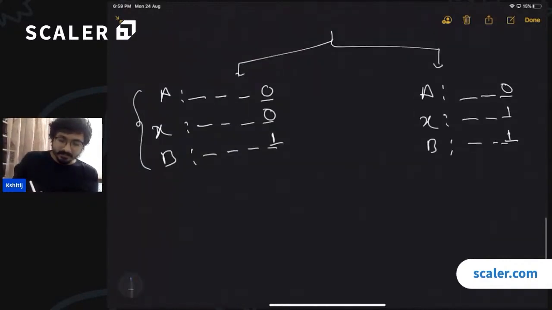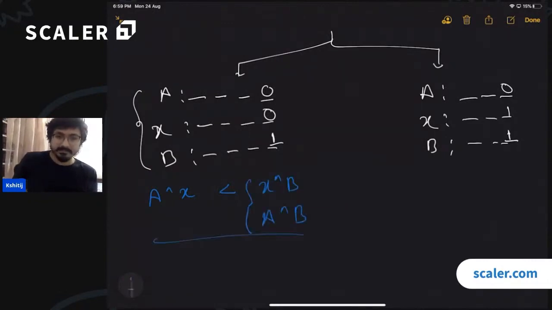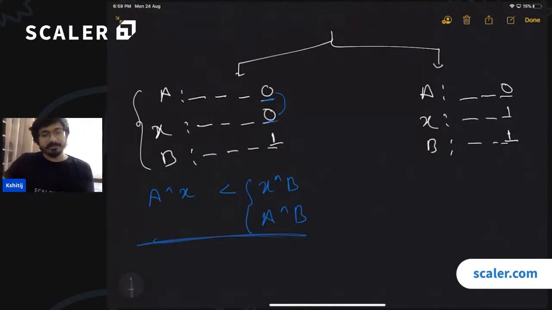Can I say that the XOR of A and X will always be lower than the XOR of X and B and the XOR of A and B? Yes, because A and X have got 0, 0 here, so the first different bit is going to be after this. Correct, so this is going to be the smallest.